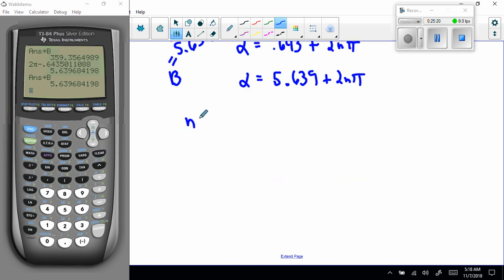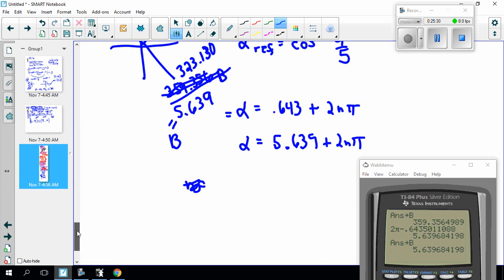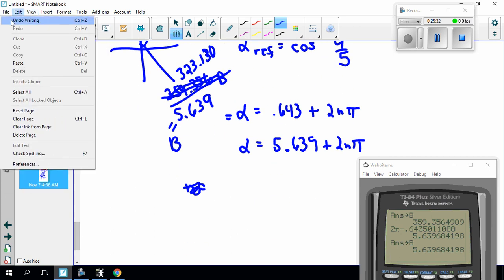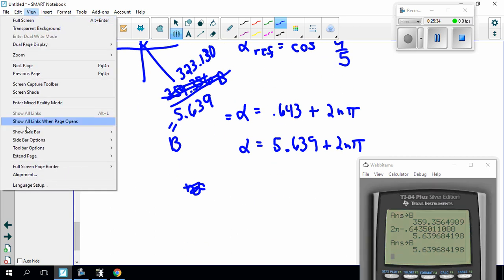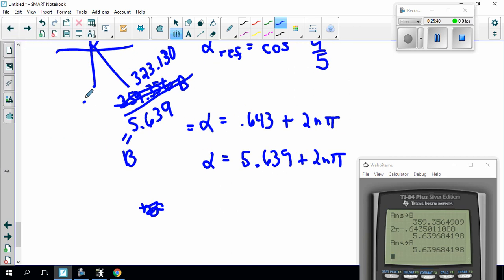Let n equals, I got to solve for x. And my calculator's in the way. Here, view, tool. There we go. That'll help.